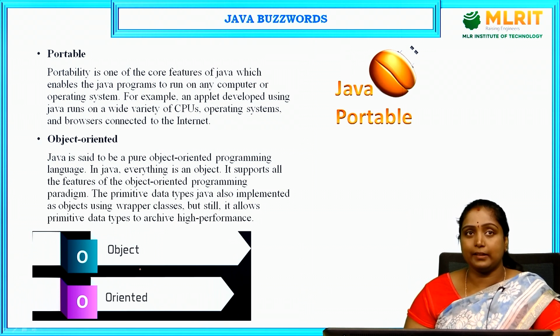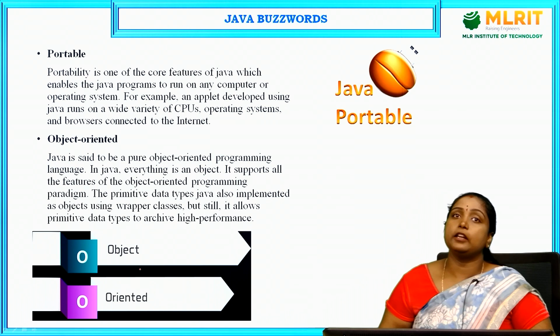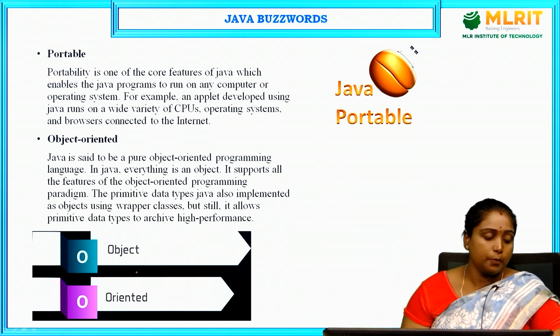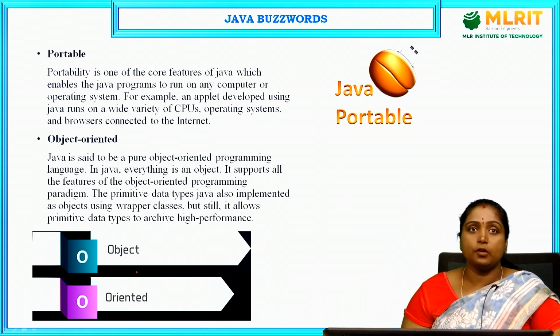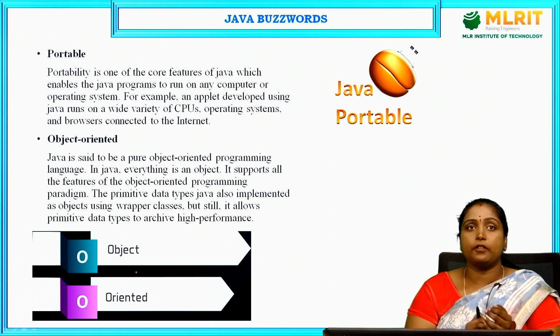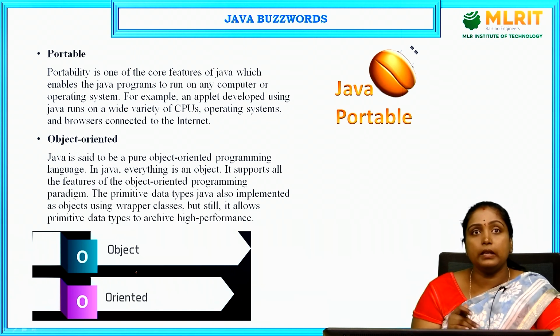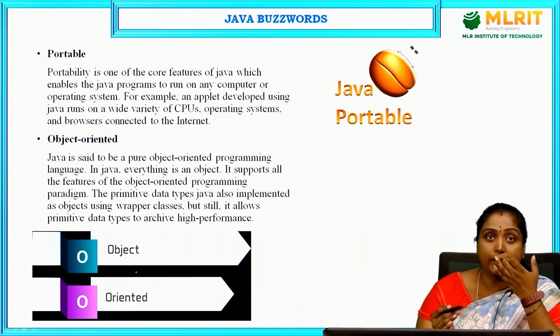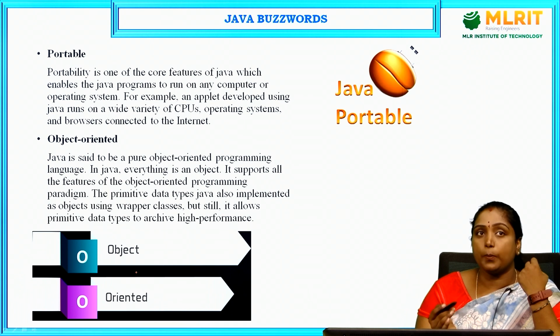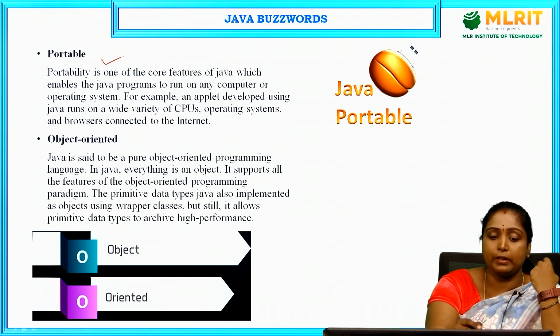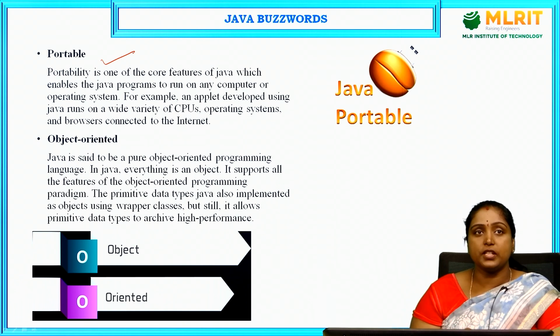Once you have a .class file, it can be transferred to other systems and run on any operating system. Java is provided on a wide variety of CPUs, operating systems and browsers connected to the internet also. So portability is one of the core features of Java.